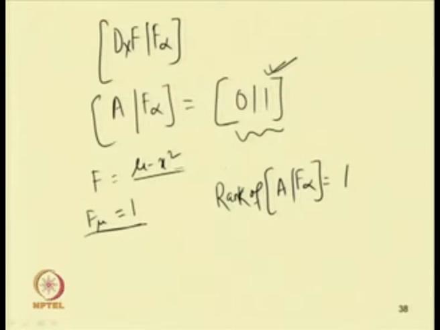So, the origin (x, mu) equal to (0, 0) is a saddle node point, as f alpha, that is f alpha equal to 1, does not belong to the range of A, which is only 0. As this does not belong to it, this point is a saddle node bifurcation point.